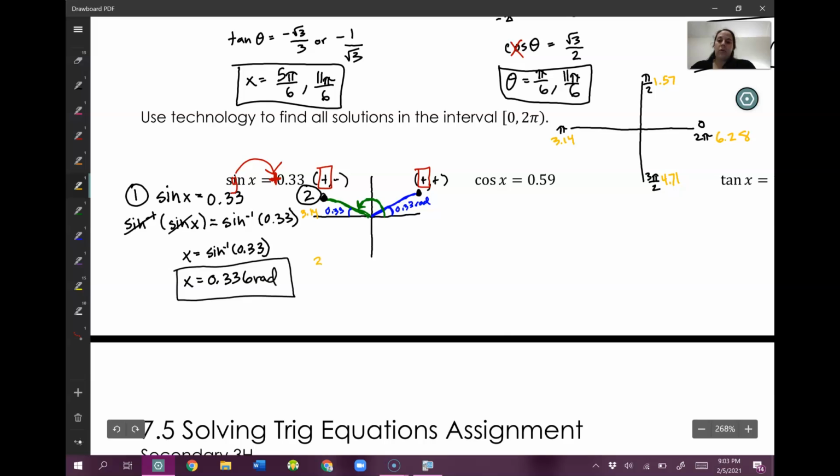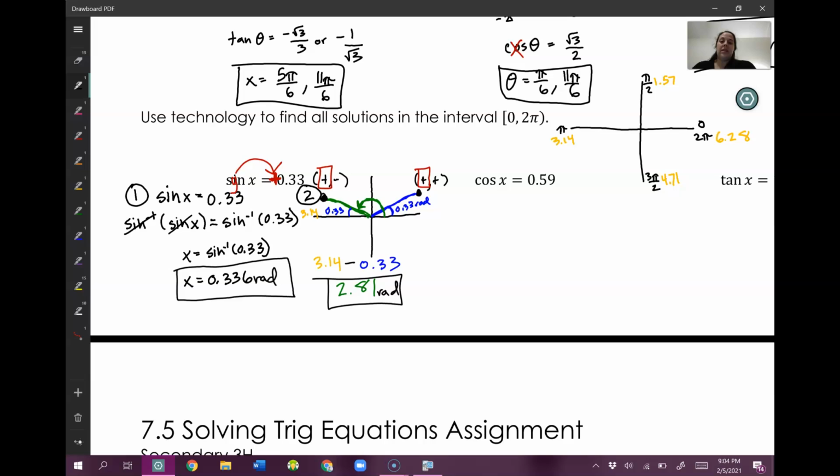So if I do 3.14 and then I subtract that 0.33 distance, then I end up with that green one, which is 2.81. So that 2.81 radians is my second answer.